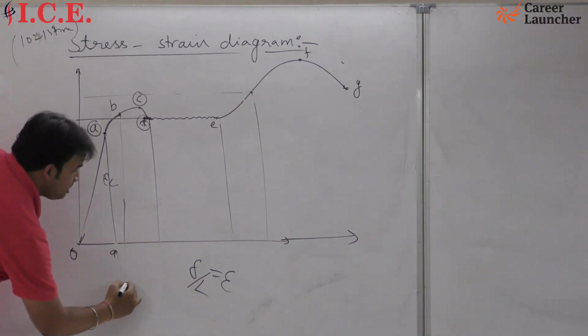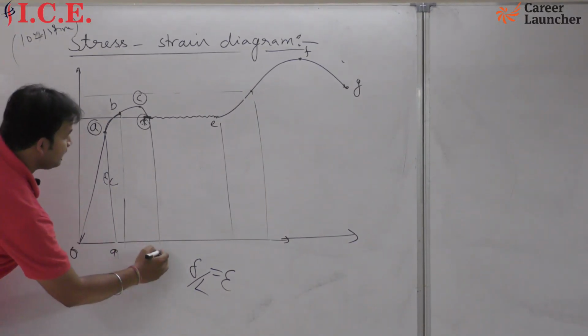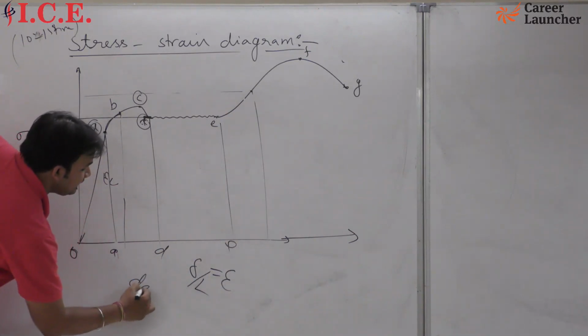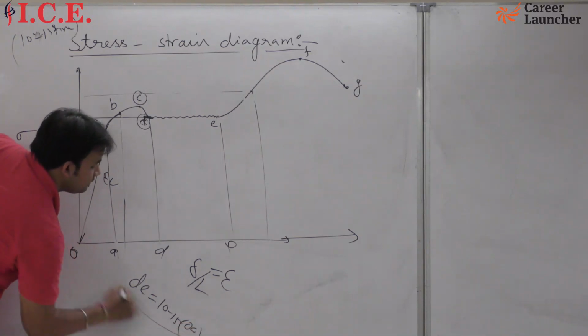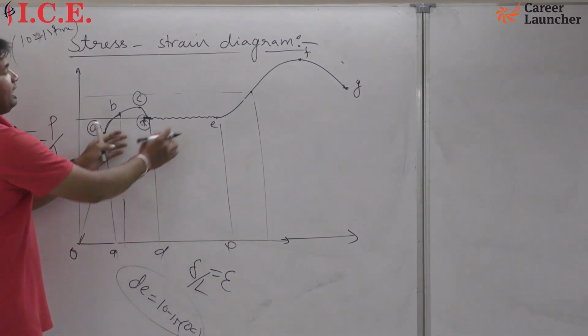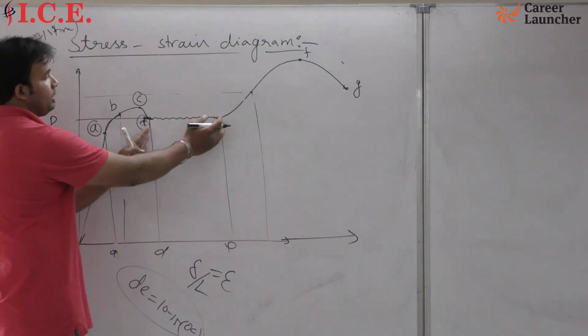It means you can say here कि D and E, DE that will be equal to 10 to 15 times of OA. Okay? That's why I made this larger. इसलिए मैंने थोड़ा बड़ा बना दिया.